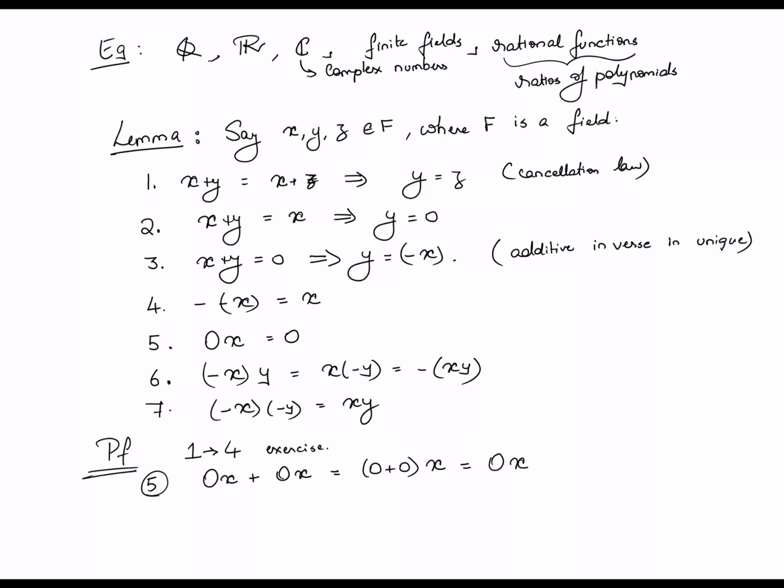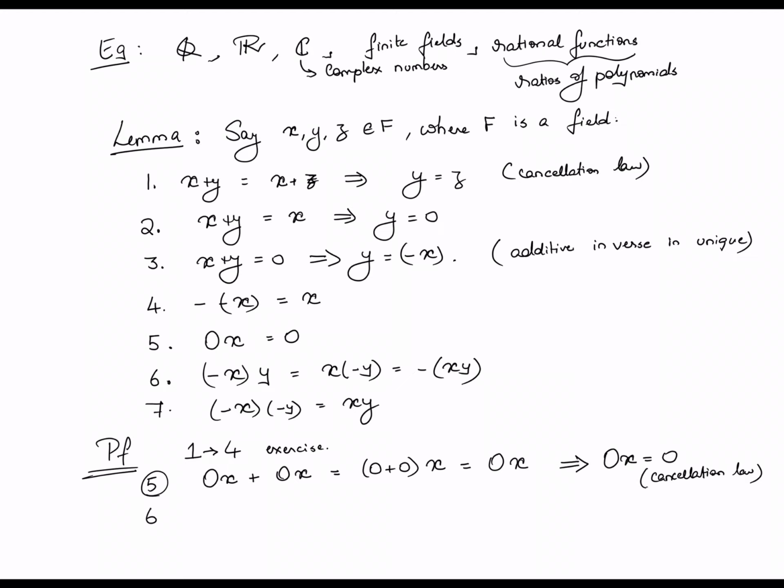So what we have shown is that 0 times x plus 0 times x is equal to 0 times x, which by the first element of the lemma, the cancellation law, which I have left for you as an exercise, implies that 0 times x must be 0. I'm just writing this out to give you some examples of how these arguments would work. You have at your disposal the axioms associated with a field, you might want to write that down in one place, and you have to use those axioms to prove all of these consequences.